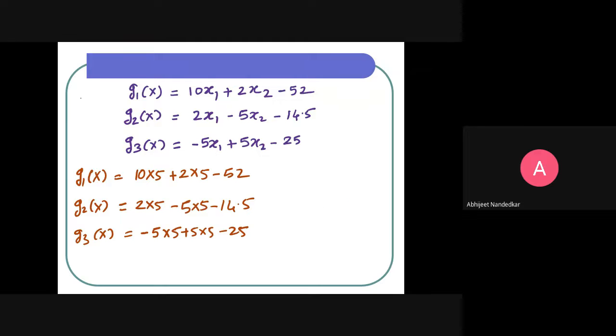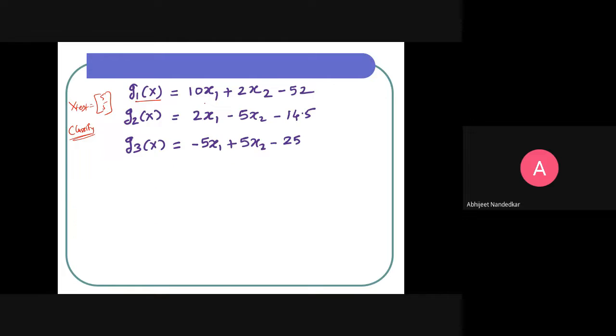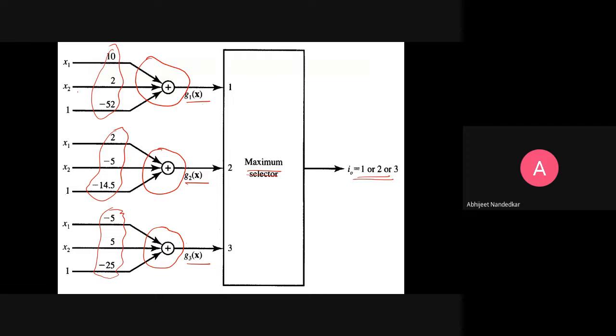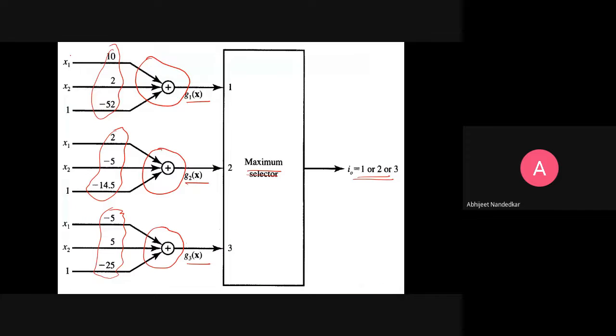Now our problem was we were given x test equal to 5, 5, and the question was to classify this. So what do we have to do? We have to take G1x. If you take this diagram, our x test was 5, 5, so I have to place here x1 equal to 5, x2 equal to 5. This will be common to all.